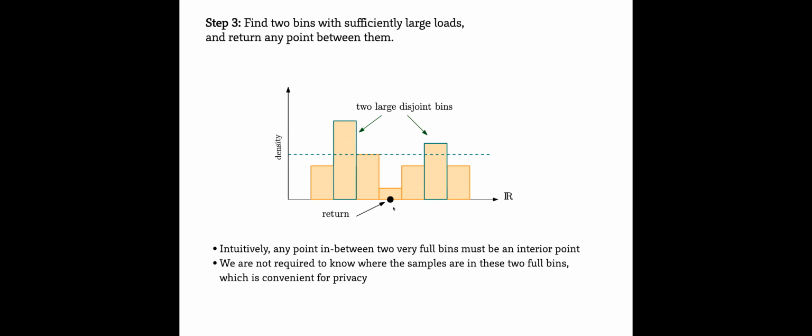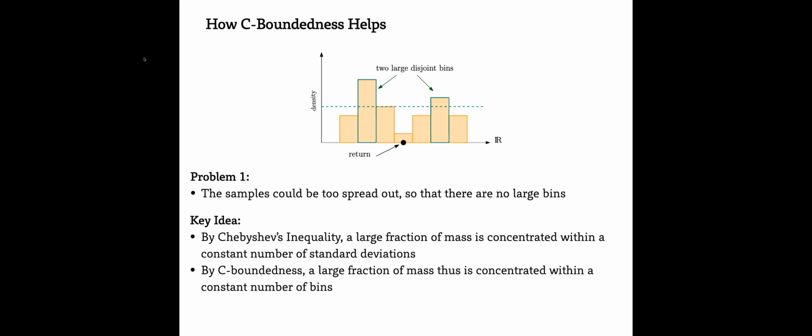Okay, so at this point, we need to address some possible failure modes of our algorithm. So problem 1 is, well, what if we don't even have any large bins, right? Like our samples could conceivably be so spread out that we don't even get any bins above this dotted line. So here's one place where C-boundedness helps.